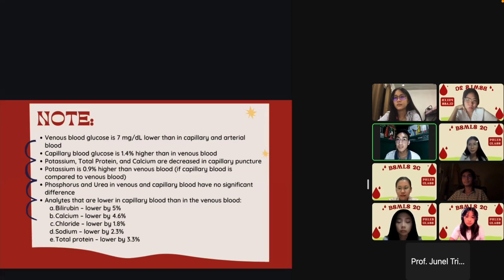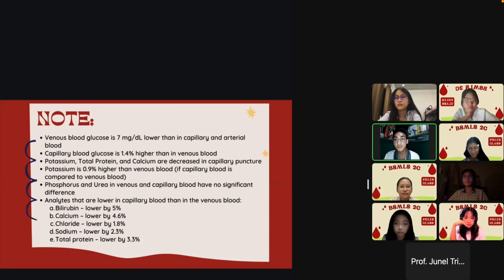Electrolytes like potassium, as well as total protein and calcium, are decreased in capillary puncture, wherein potassium is 0.9% higher in venous blood. We also have phosphorus and urea, which have no significant difference in venous blood. However, analytes like bilirubin, calcium, chloride, sodium, and total protein are lower in capillary blood than in venous blood.